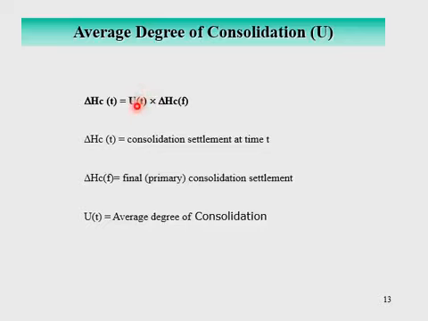If you multiply this with this, you can find settlement at any time t. For example, the final settlement takes, for example, 100 years, and you want the settlement of your foundation after, for example, 30 years. So you find U of t at 30 years, multiply this with this, and you will find the consolidation settlement after 30 years.